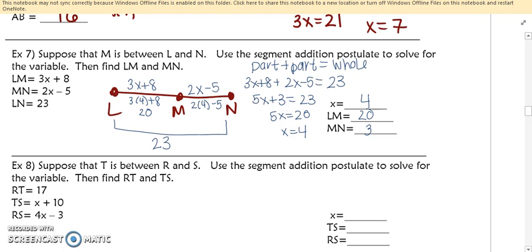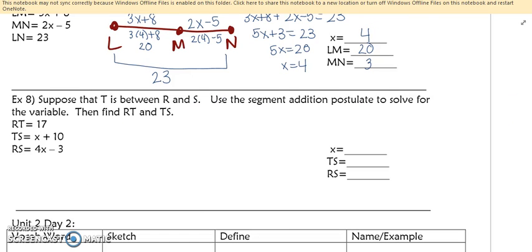Okay, so with this, I want you to give number 8 a shot. Pause this video, check your solution when you're done. Your first thing you should do, and I'll help you with this, is create your diagram. We know T is between R and S. So segment RS, T is between it.